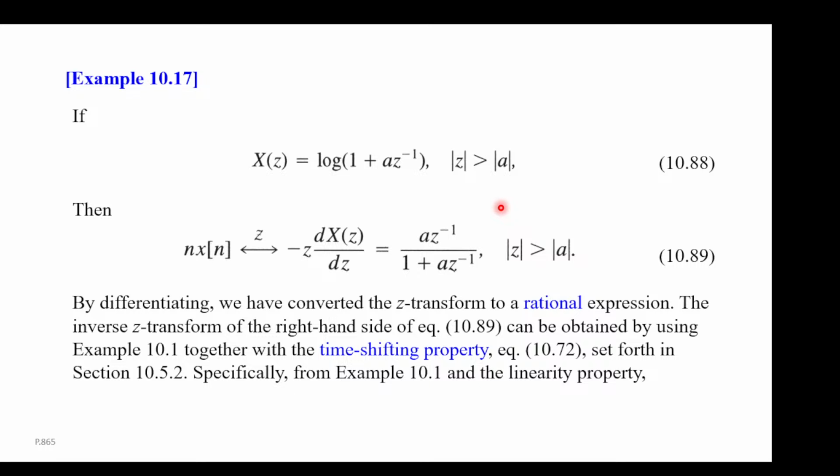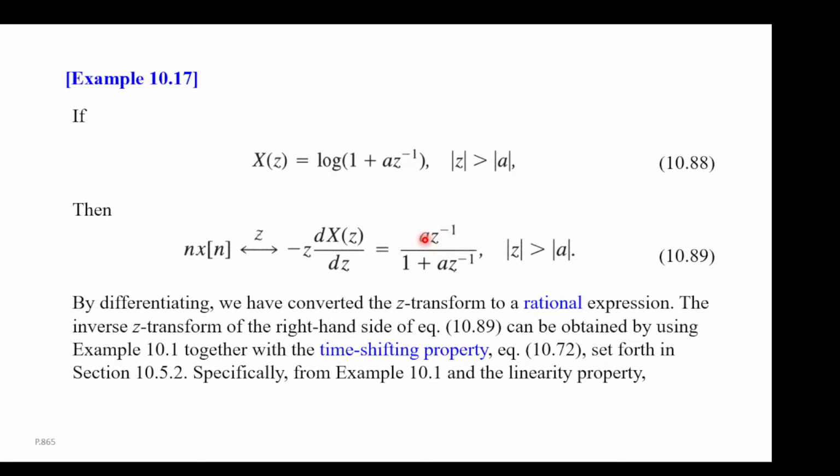And so we try to use the differentiation formula here, and we can see why we want to do this, because we have a log here, and we know the differentiation of log is like 1 over x. So if you do differentiation on this side, then this becomes something like 1 over 1 plus a z to the minus 1, and there are other factors here.